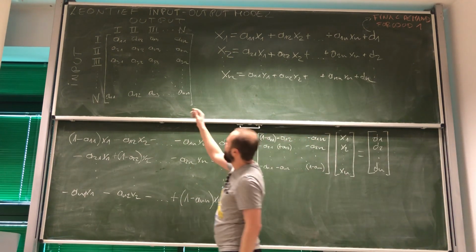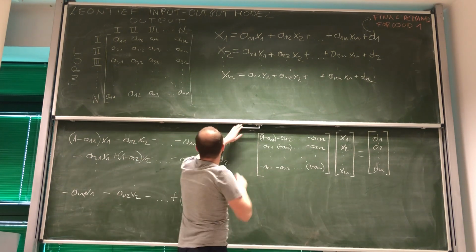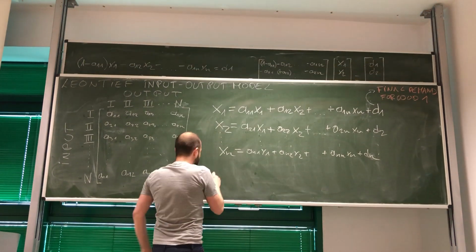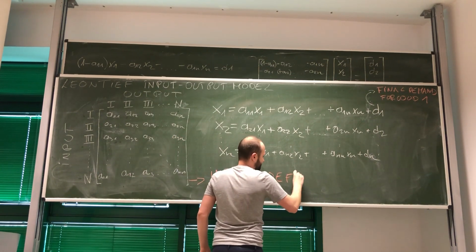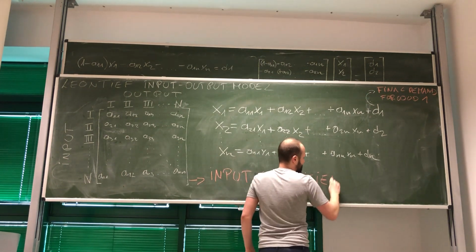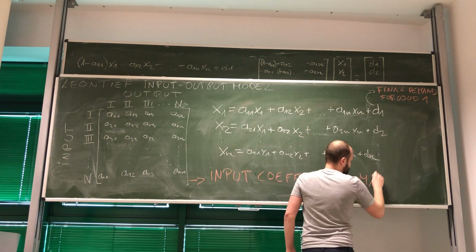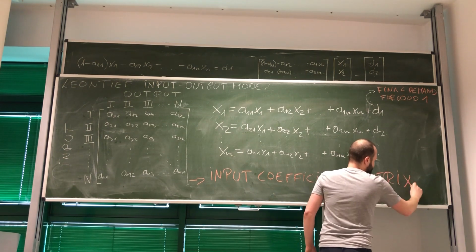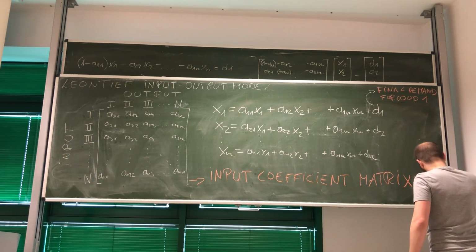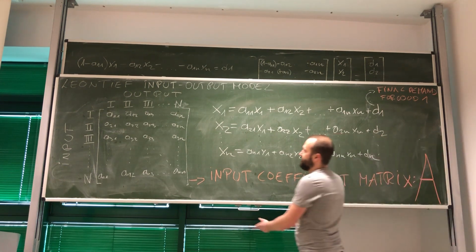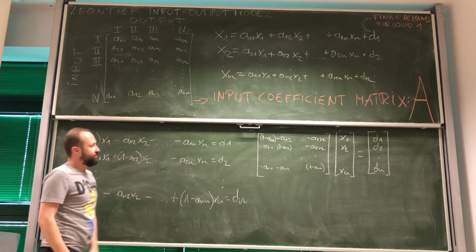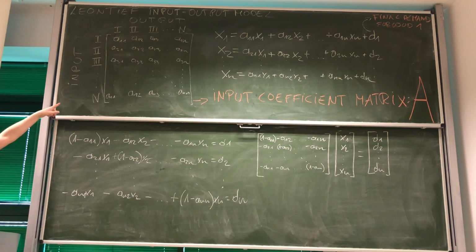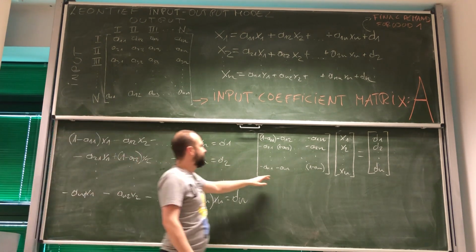If I denote the input coefficient matrix as A, what is the relationship between the input coefficient matrix and the matrix that we've got?